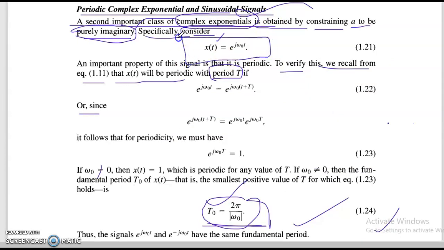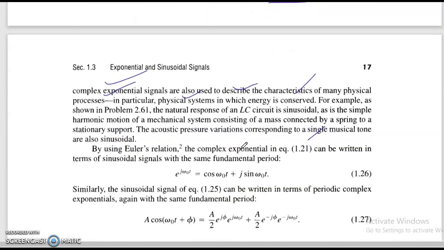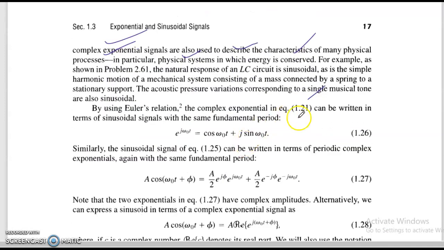Then by using Euler's relations, the complex exponential in equation 1.21, x of t equals e power j omega naught t, can be written in terms of sinusoidal signals with the same fundamental period: e power j omega naught t equals cos omega naught t plus j sin omega naught t.